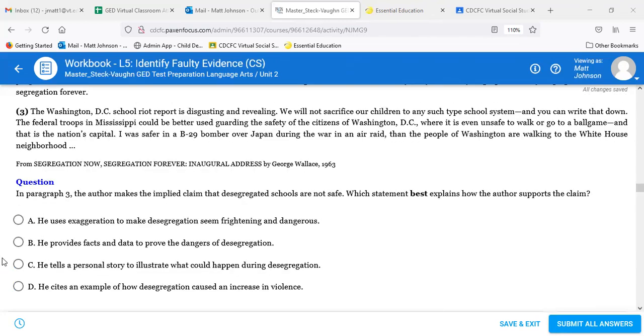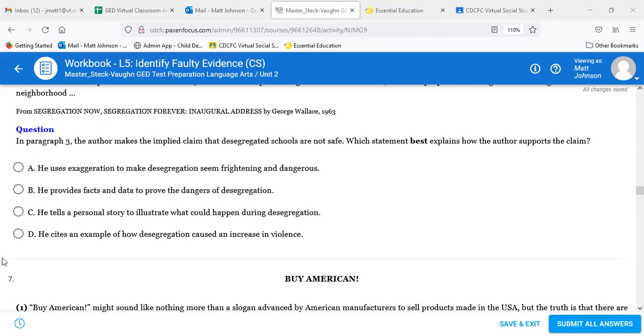Etta, could you read question 6 for us? Okay. It says, in paragraph 3, the author makes the implied claim that desegregated schools are not safe. Which statement best explains how the author supports the claim?